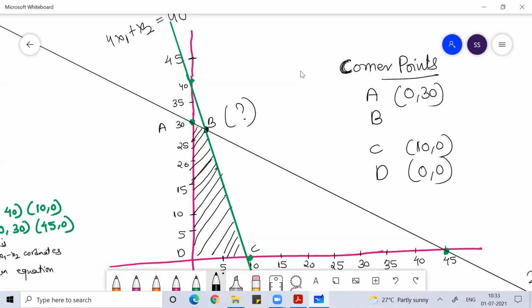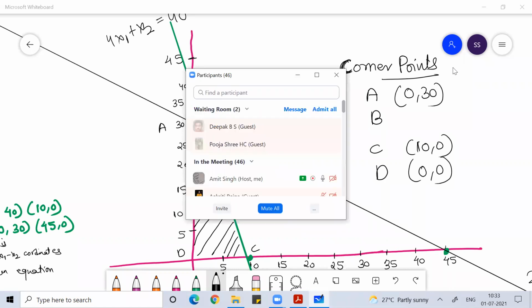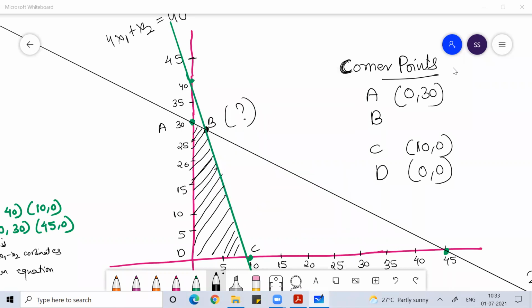B is the point where the first two lines meet. So I need to find the coordinates. So how can we find it?